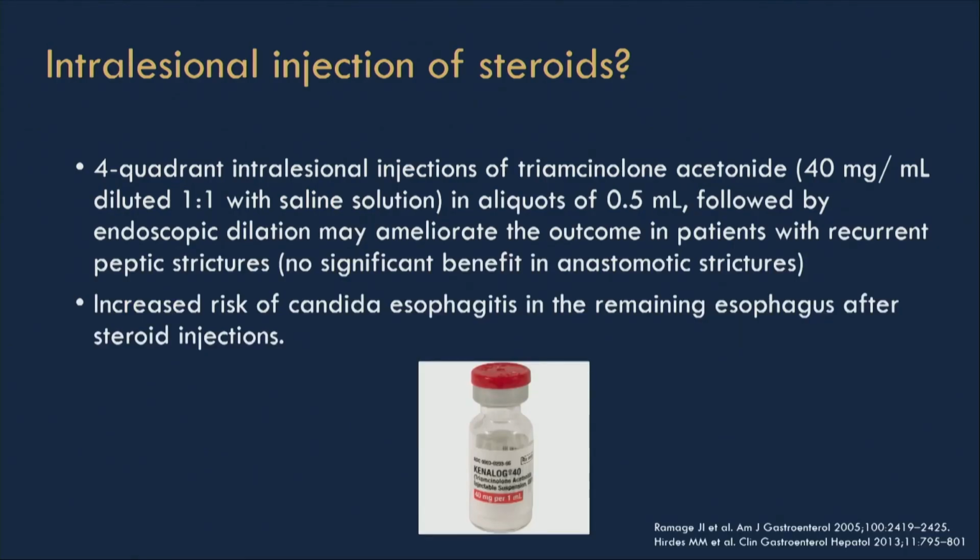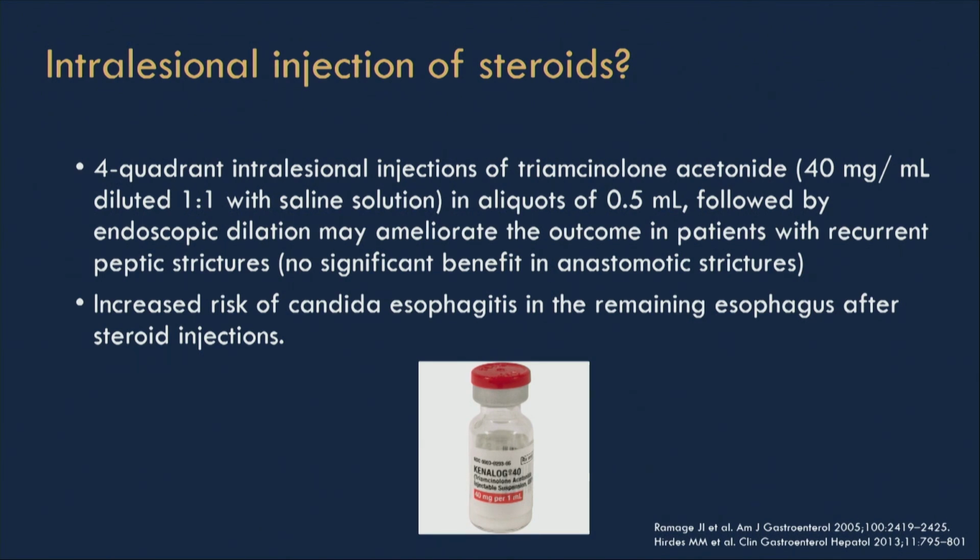So what can you do if you are in this scenario? Sometimes it's helpful to inject steroids locally into the stricture. This is typically done with intralesional injections in the 4 quadrants. We use triamcinolone, and this is then followed by endoscopic dilation.